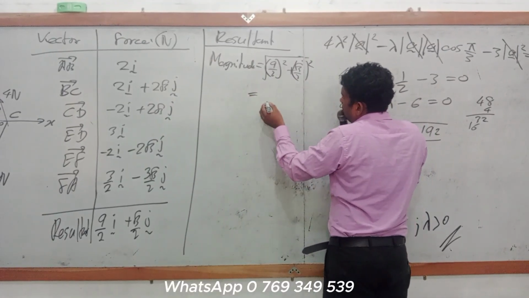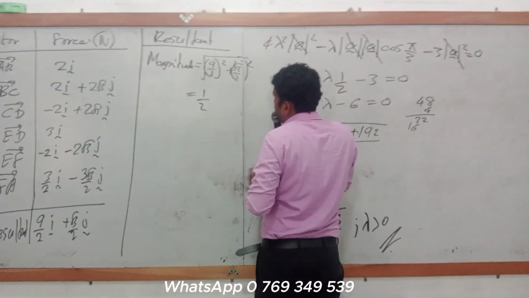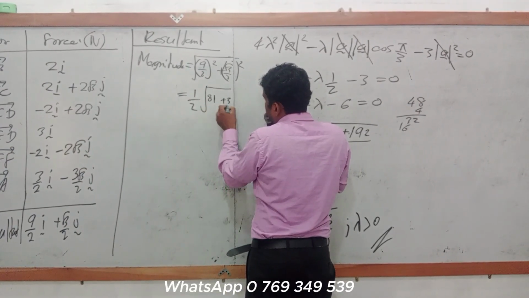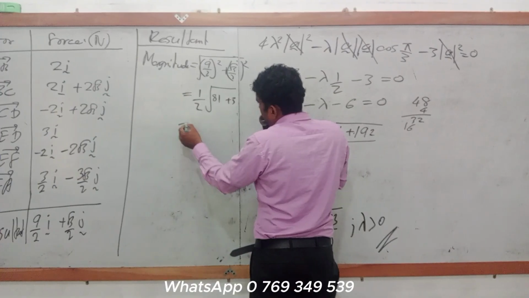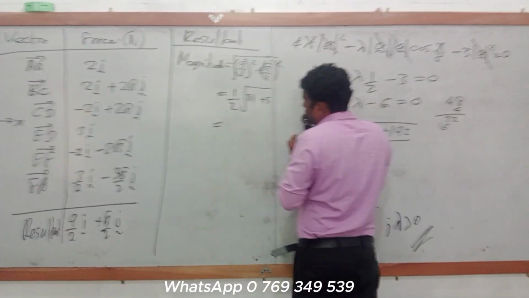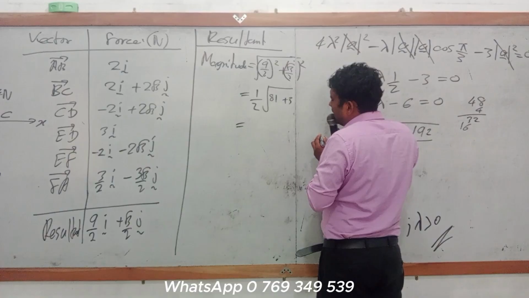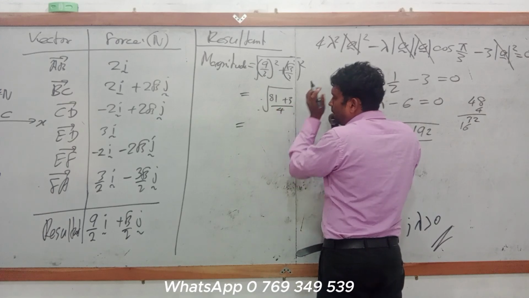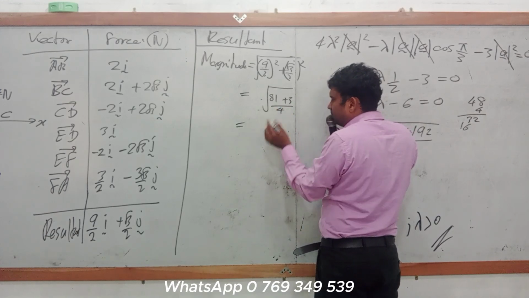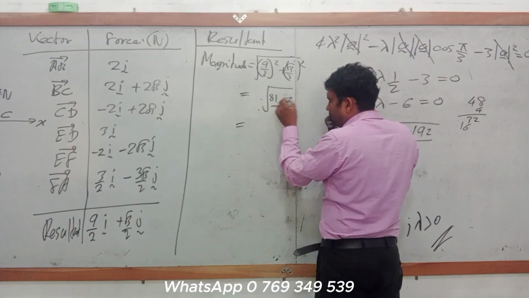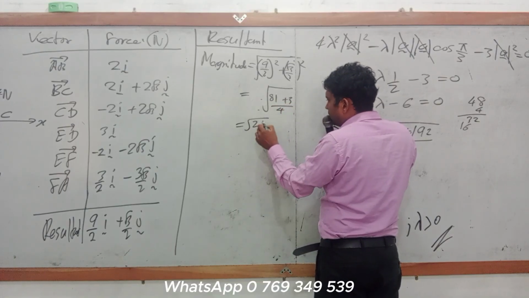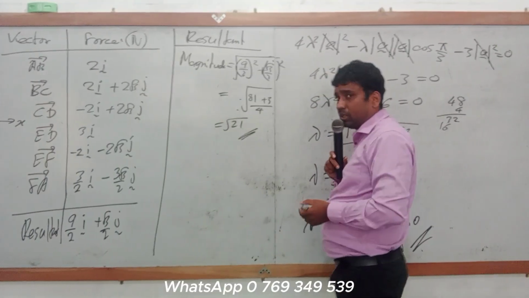Half is okay. 9 squared is 81, here 3, 84, no? 84 we can divide by 4. 84 divided by 4 is 21. Root 21, that is the magnitude.